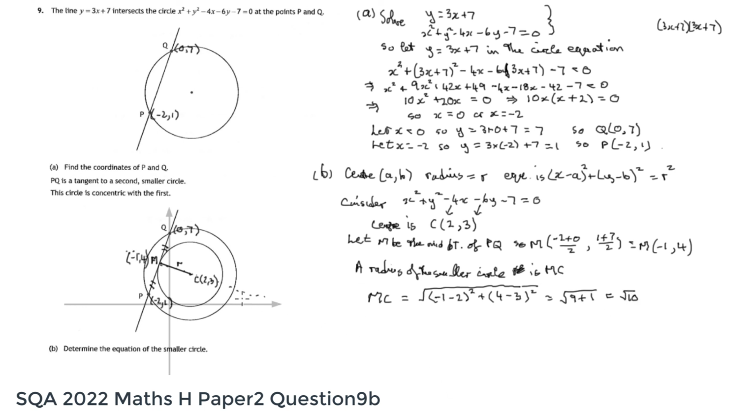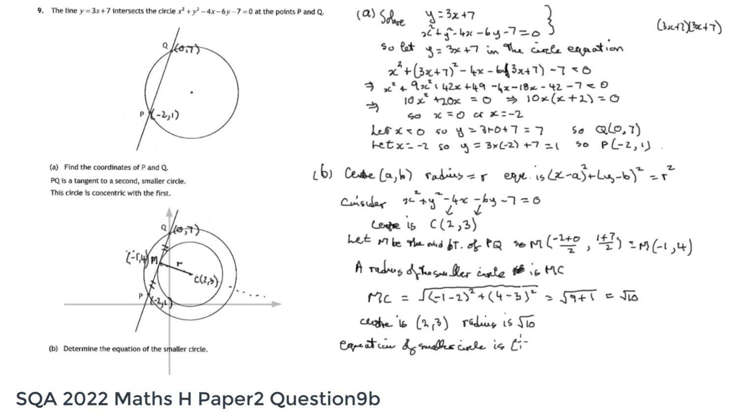So what do we know about this smaller circle? So the centre we've found is 2, 3. It's the same as the centre of the large circle, and the radius, I'm just gathering the facts that we need, the radius is square root of 10. So we've finally found the equation that we were asked for, the equation of the smaller circle, is, and remember we're using this form of the equation of the circle.